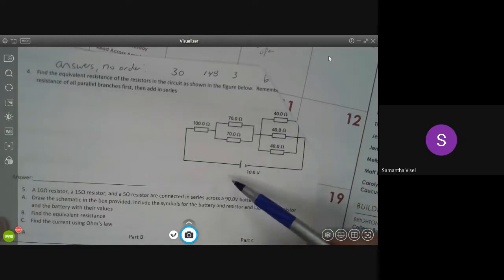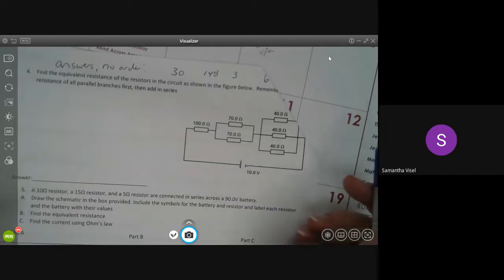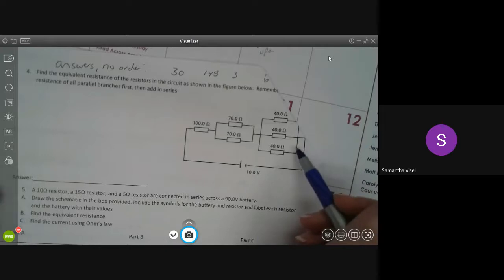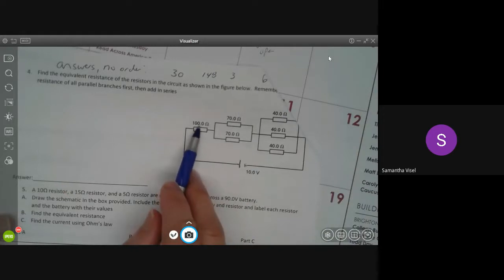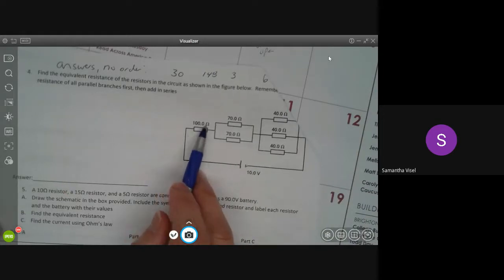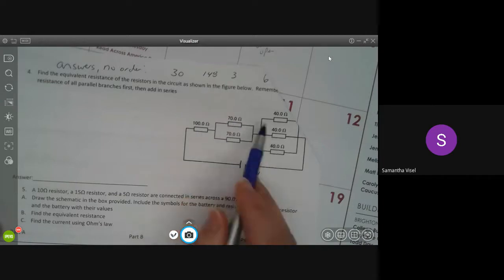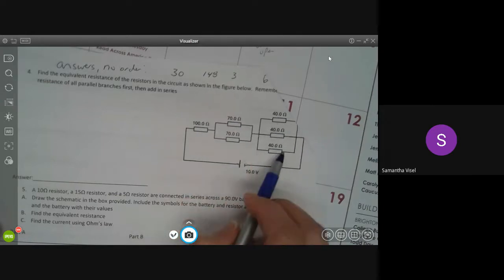And so on the back part of your note sheet, when you have a complex circuit, you want to add all devices in parallel first, find their equivalents, and then add them all in series. So this is by itself, so I'm not going to add anything in parallel. But I have these that are in parallel, and I have these that are in parallel.